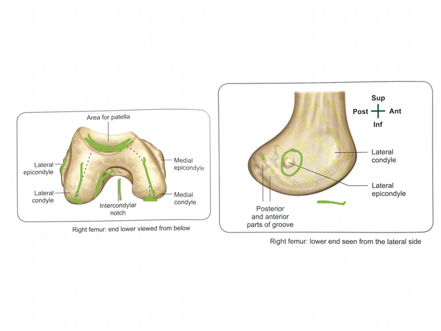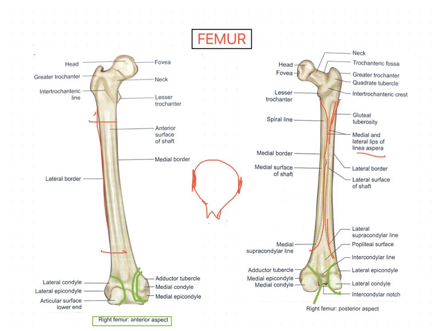If you see, the medial condyle is more prominent than the lateral condyle, and it has a medial epicondyle, which is a low rounded elevation on the medial aspect and lies below and a little in front of the adductor tubercle. Here you can find the adductor tubercle.